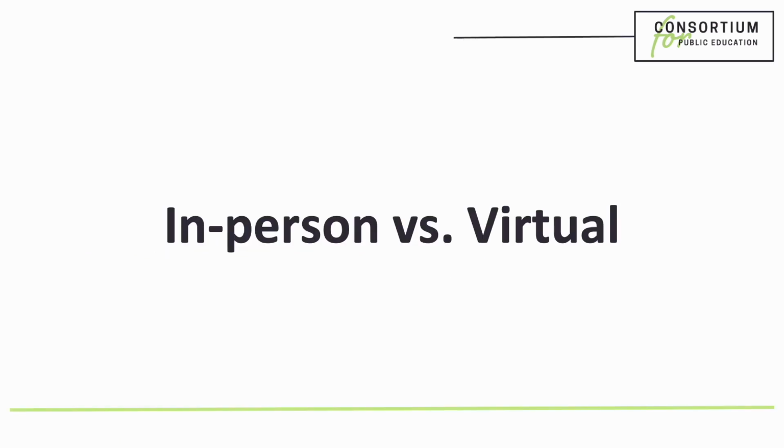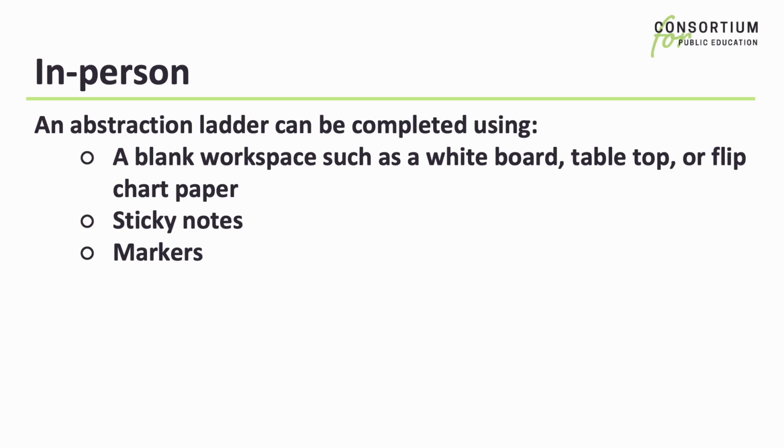Now, let's talk about how to do this abstraction ladder both in person and virtually. If you're working in person, an abstraction ladder can be completed using a blank workspace such as a whiteboard, tabletop, or flip chart paper, sticky notes, and markers. If you're working on your own, you can also just use lined paper.